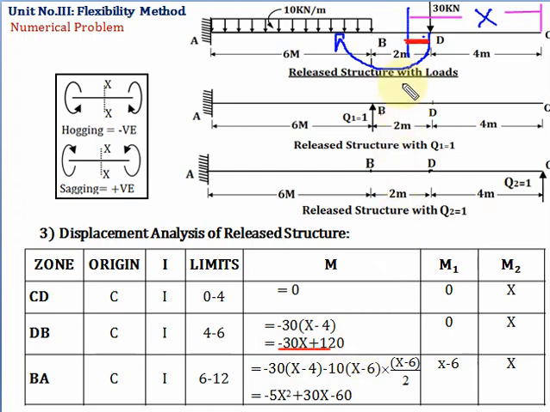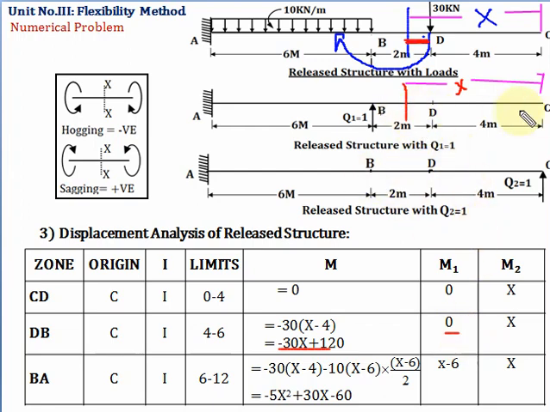Now we'll take the section in the release structure with Q2 equal to 1 and we'll measure x. The x is measured from the C point. Now here in this portion again there is no load, so the bending moment due to Q1 equal to 1 will be equal to 0.